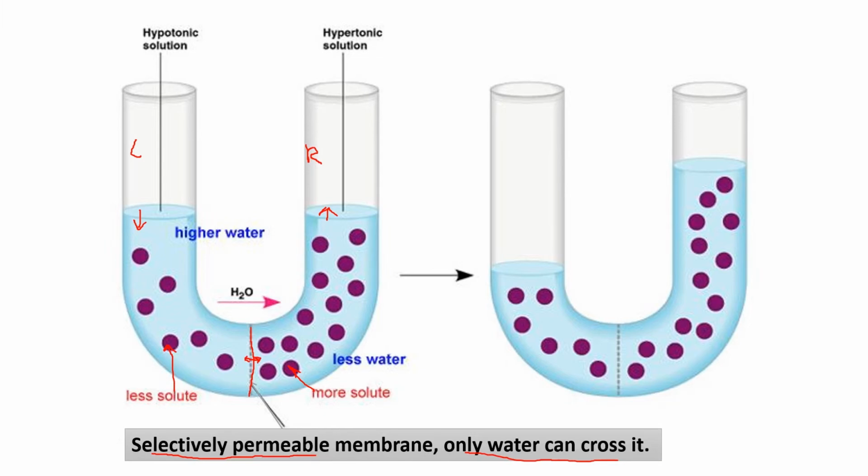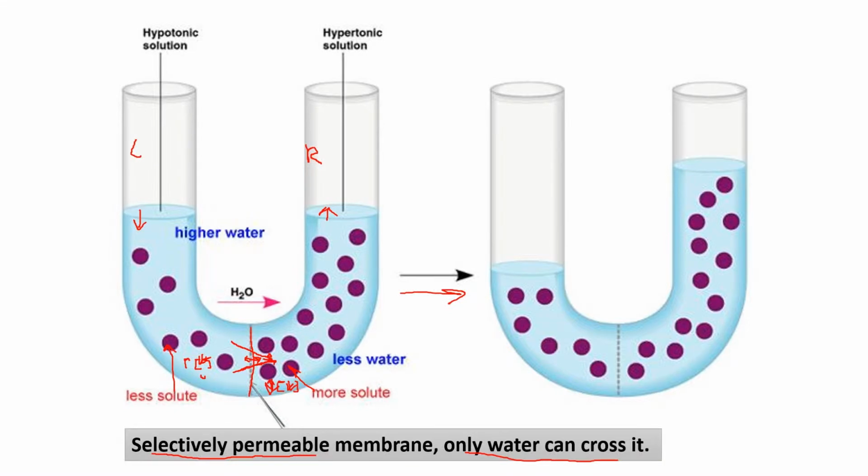So what will happen in this case? Over time, water from the left side will move into the right side, because we have a higher concentration of water on the left compared to the right side. On the right side, we have a lower concentration of water. This is why water will move to the right.